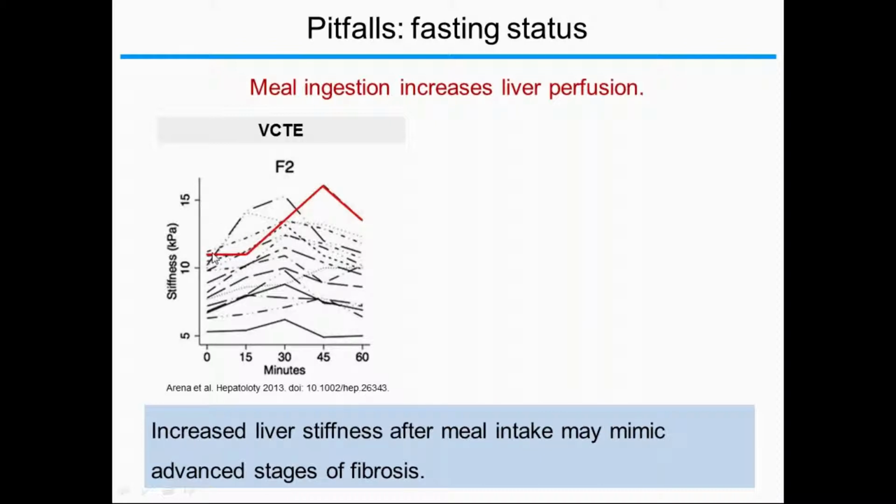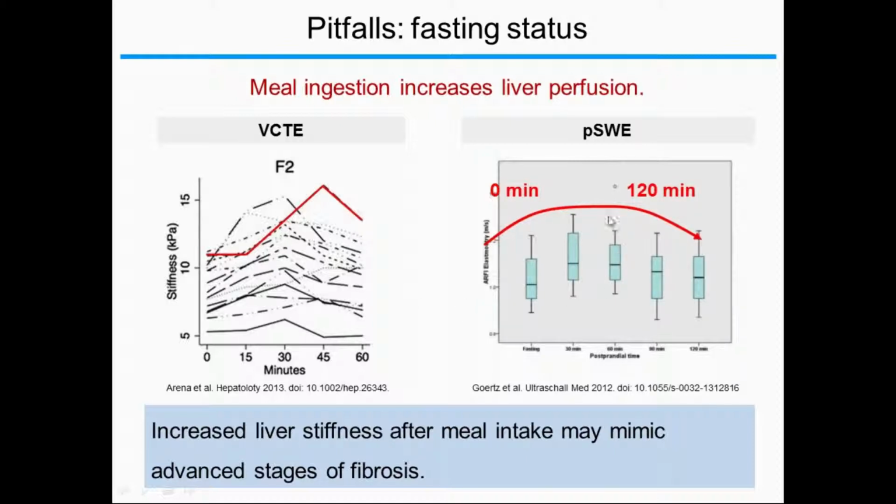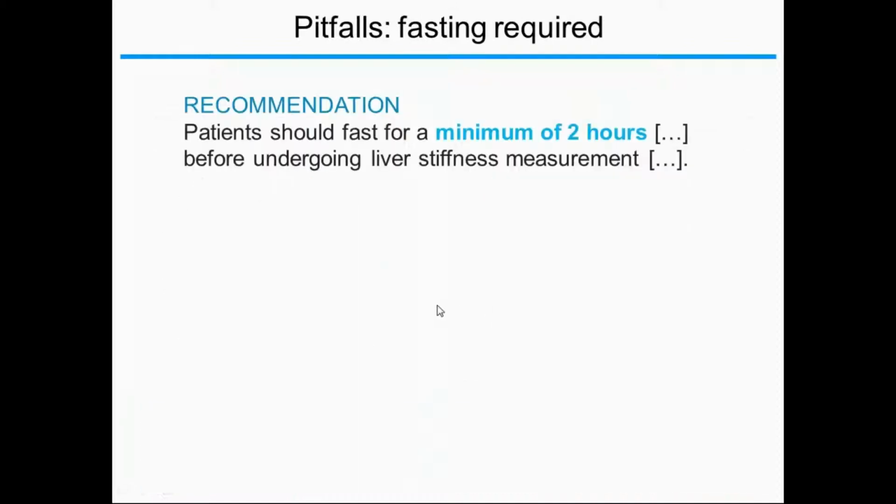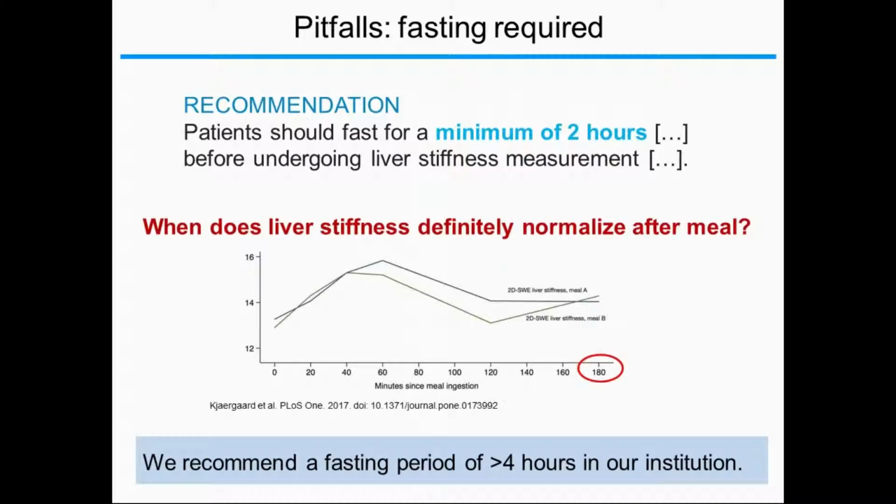There's a patient with F2 fibrosis, and shortly after meal ingestion, liver stiffness rises up to 15 kilopascals. The same is true for point shear wave elastography, where we see dynamics over 2 hours. So the recommendation is that patients should fast a minimum of 2 hours before undergoing liver stiffness measurement.